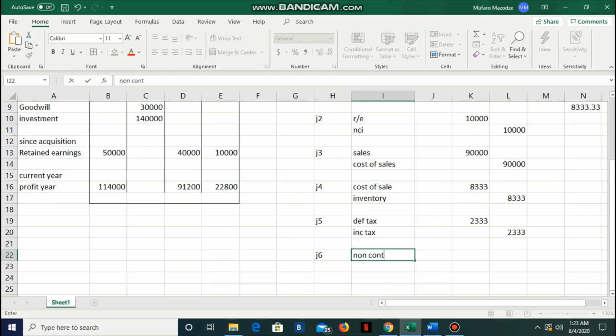I promise, if they ask for all the consolidation journals, there is marks for getting this journal. It's just basically going to be NCI, P&L, because sometimes you forget which one gets debited. 22,800 is going to be NCI SFP.